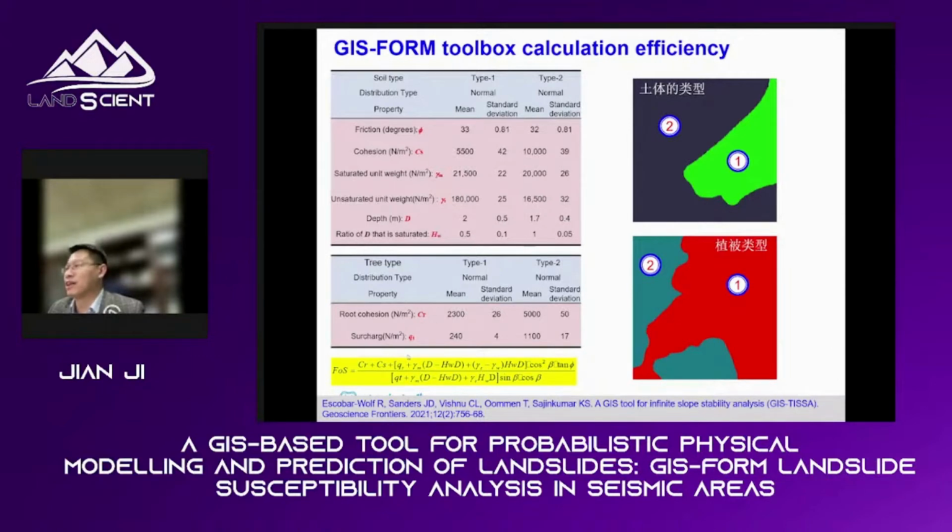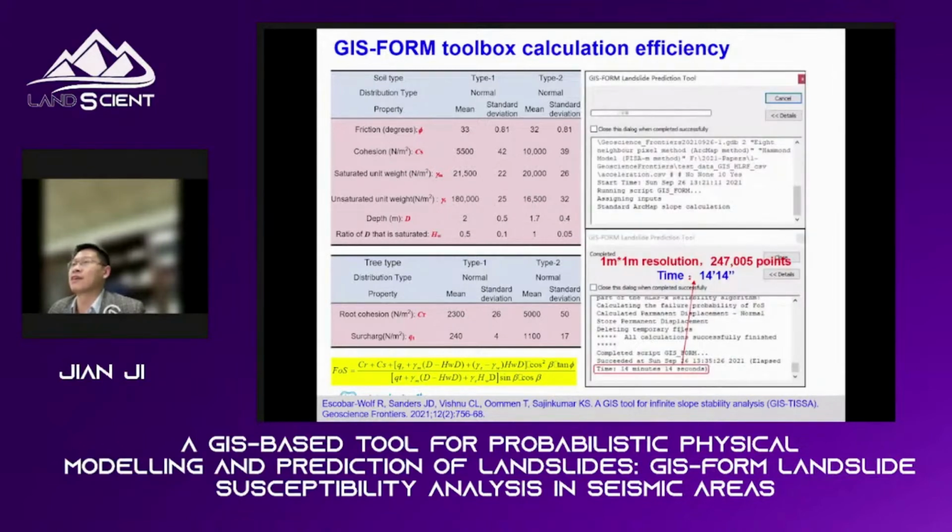And also the stability model, in terms of the factor of safety formula. We use this formula, which was previously reported by another research group and published just last year.